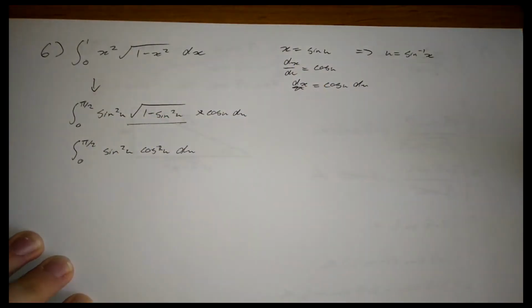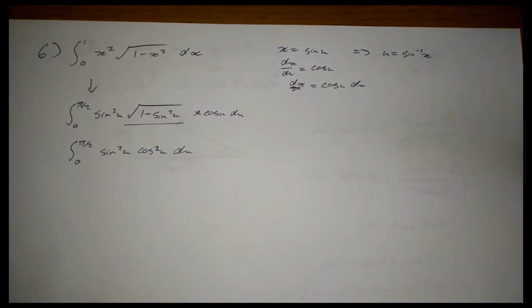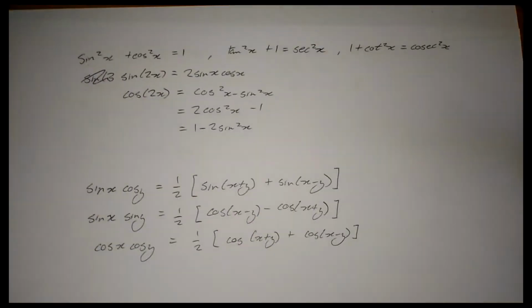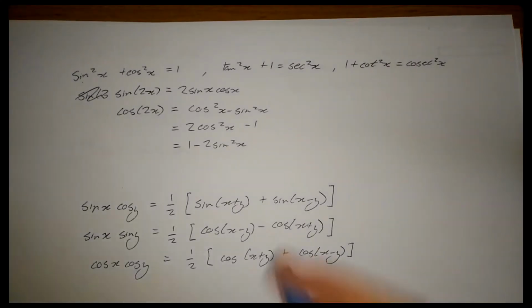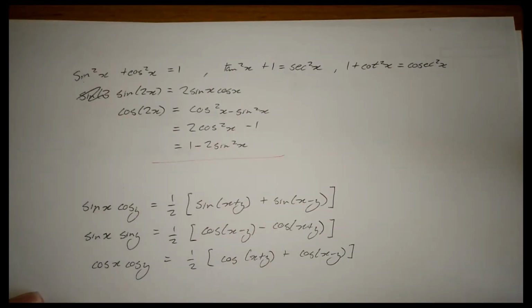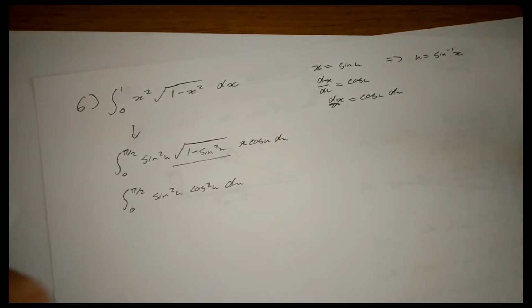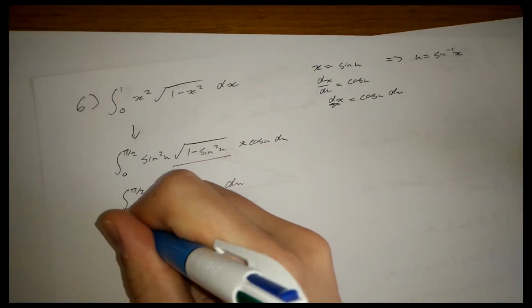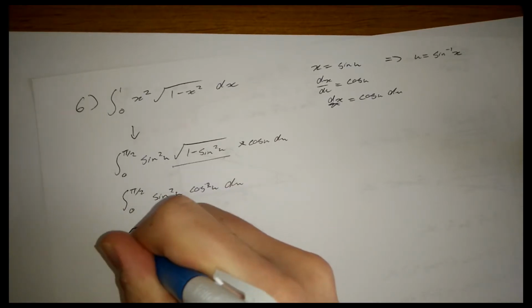Now, this is where our double angle identity from earlier comes in. If I can find it, that is. There we go. That's where these identities will come in. So by using those, we get it from 0 to pi on 2.